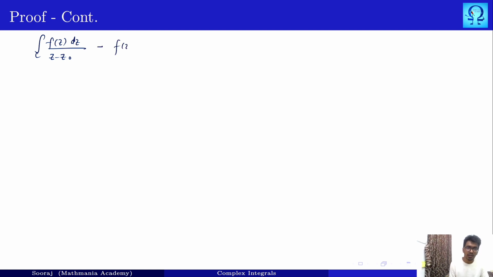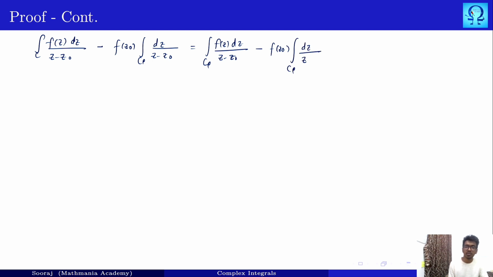So minus f of z naught integral over C rho dz upon z minus z naught, which is equal to the integral over C rho, what we already have here, f of z dz upon z minus z naught minus f of z naught integral over C rho dz upon z minus z naught. Since this is a constant, you can take it inside.